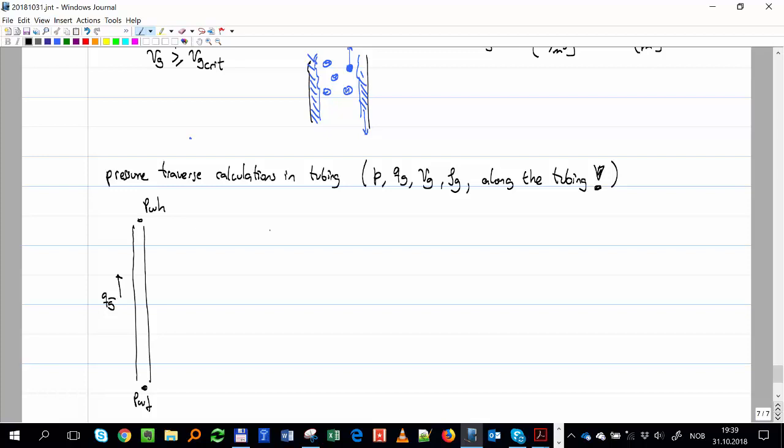Now, what we want to calculate is actually, well, in different positions in the tubing. I want to calculate for all of these from i equal 1 to i equal n. I want to calculate all properties. So can I use the same equation that I was using before? The tubing equation?